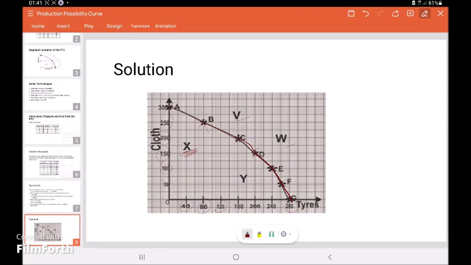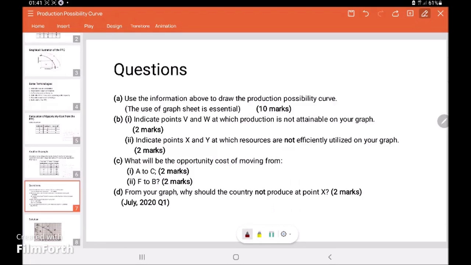That is to say, you are underutilizing resources, and therefore it will not be prudent economically to produce at point X. The country should not produce at point X, because it will mean that the country is producing under capacity or is underutilizing some resources.